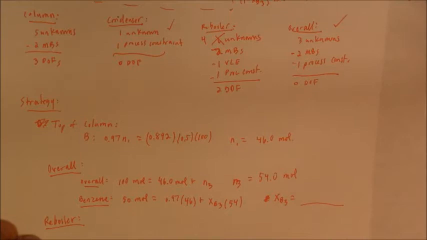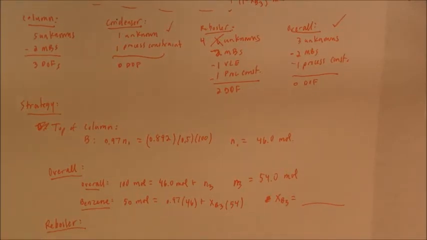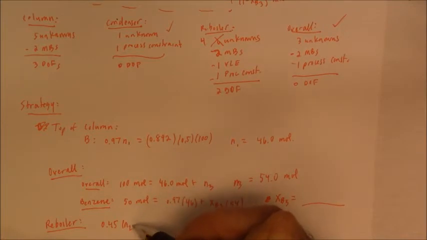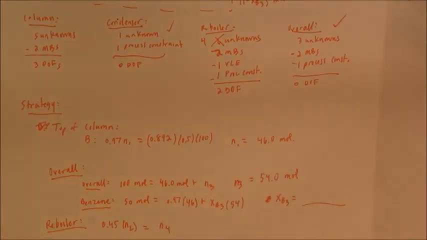Okay, I have a few choices. I know that from my process constraint that 45% of the feed to the reboiler is vaporized. So 0.45 times N2 equals N4. Okay, so that can help me eliminate one variable. And now we might have to think about it a little bit.